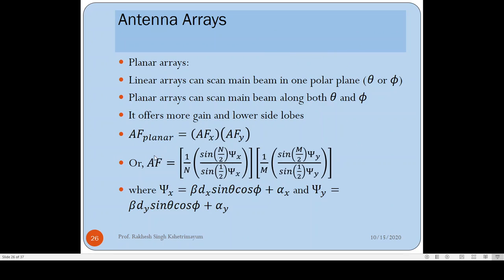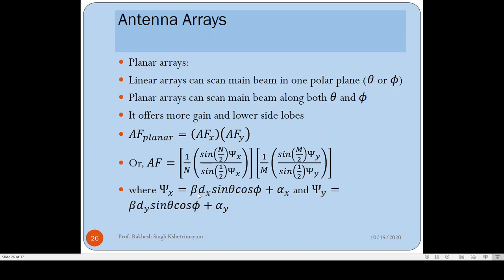You know that the array factor for the uniform linear array is 1 by n, sine of n by 2 psi x, divided by sine of half psi x, for the antenna array along the x-axis. For the antenna array along the y-axis, that would be 1 by capital M, sine of m by 2 psi y, divided by sine of psi y by 2.